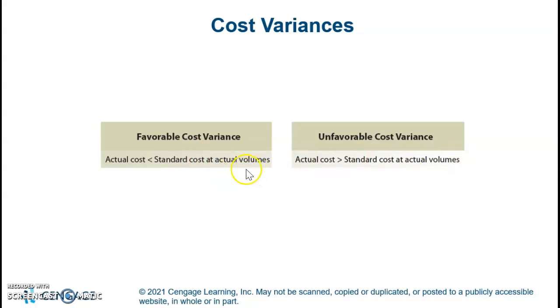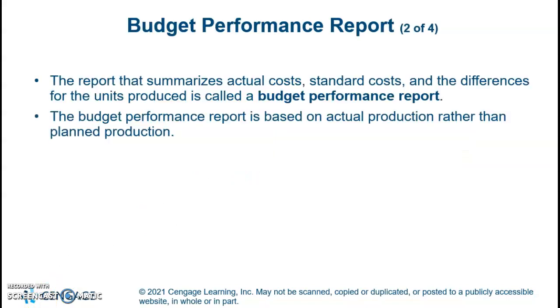So we flex it up to actual volumes to figure out these cost variances. So the report we're going to use to summarize this information is called the Budget Performance Report. Remember, it's based on actual production rather than planned production. So it's flexed up to actual production.